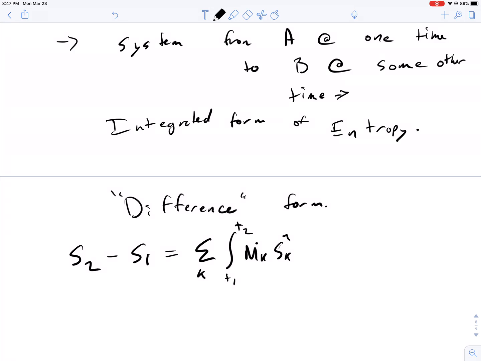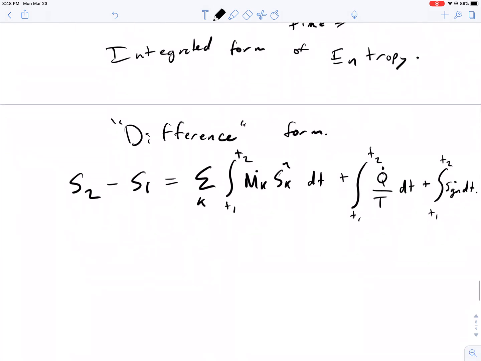And of course, you're integrating with respect to time as your variable. Plus your heat flows over time, t1 to t2 of Q dot over temperature times dt, plus your Sgen over time 1 to time 2 of your Sgen dot dt.